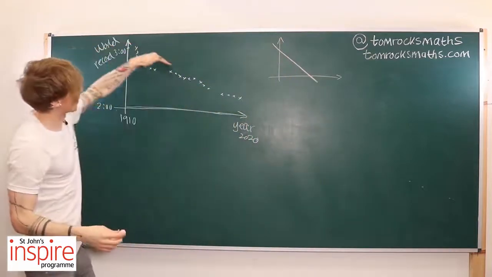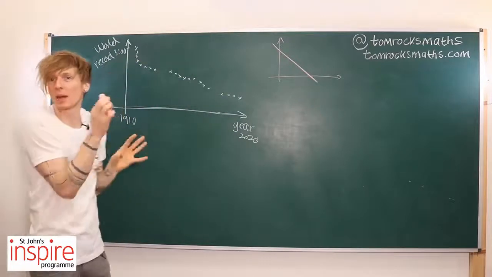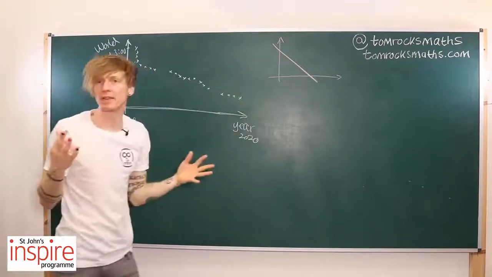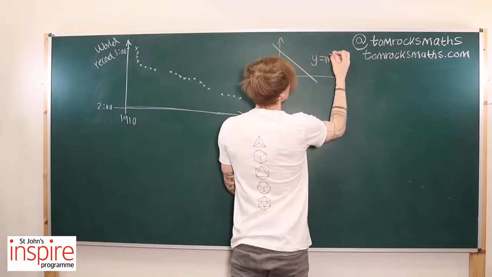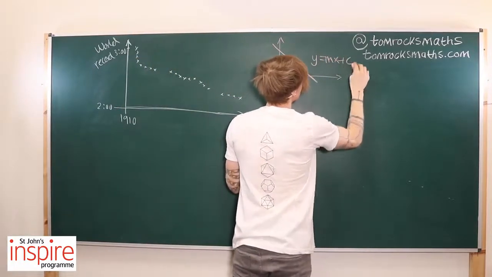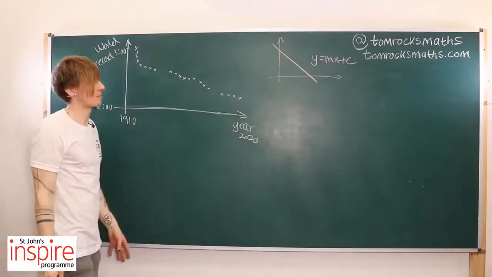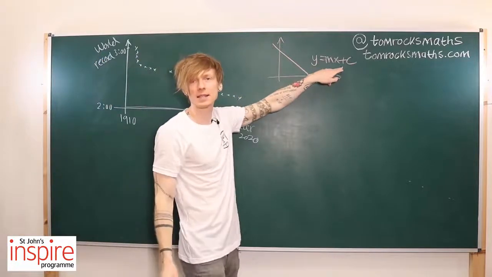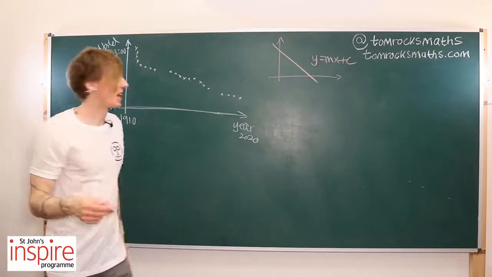It doesn't do a bad job, but there's clearly more waves. It's a bit wiggly, so it's not perfect. So that one was y equals mx plus c. It's not bad, but maybe we can do better. So then the next thing to try might be the next most complicated expression, or the next most complicated graph.